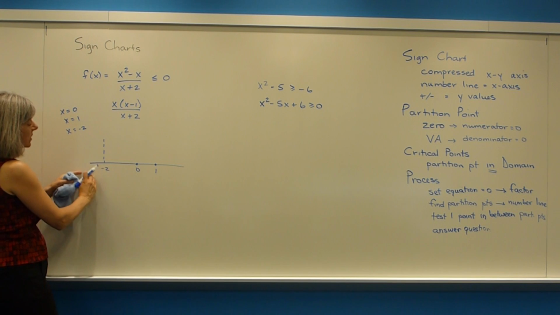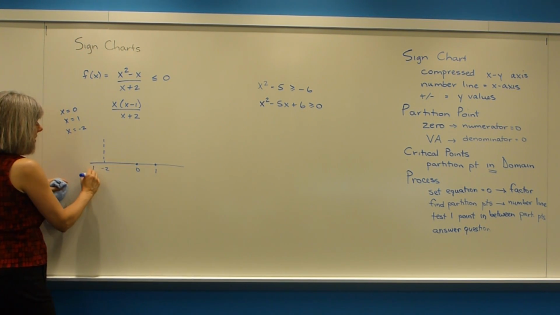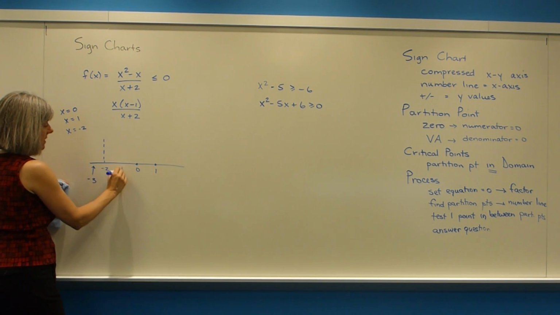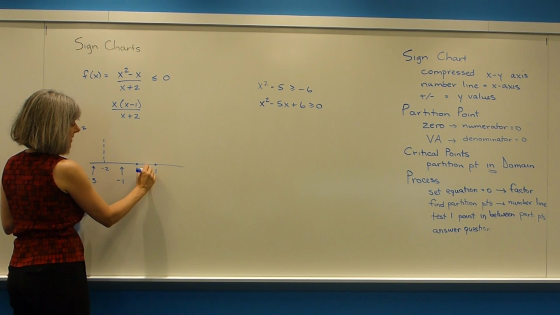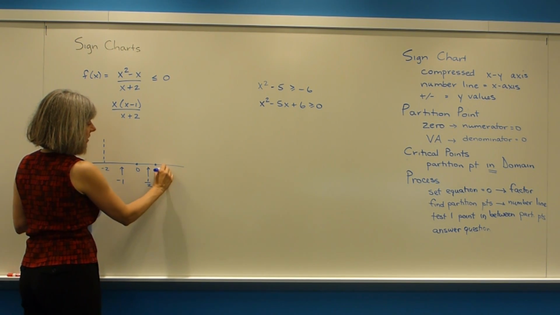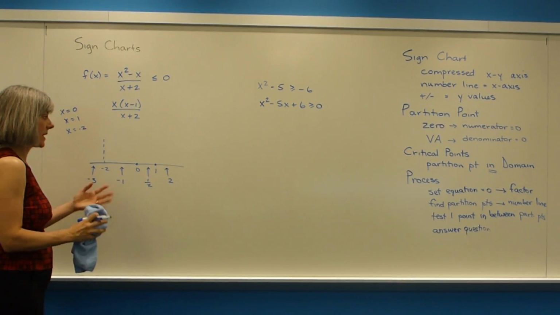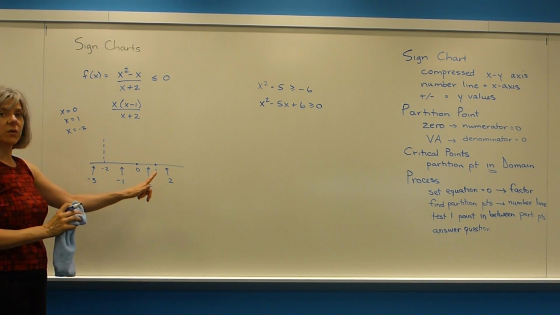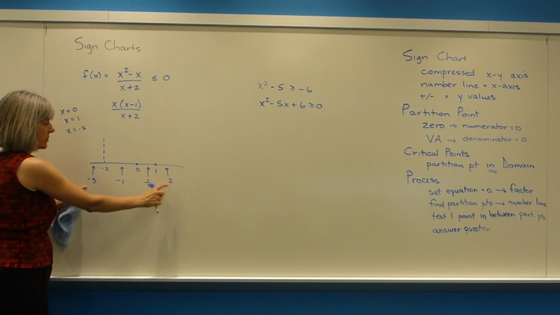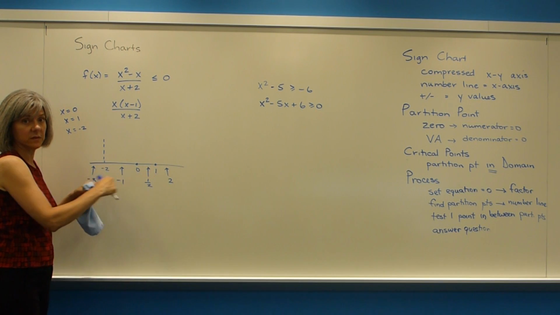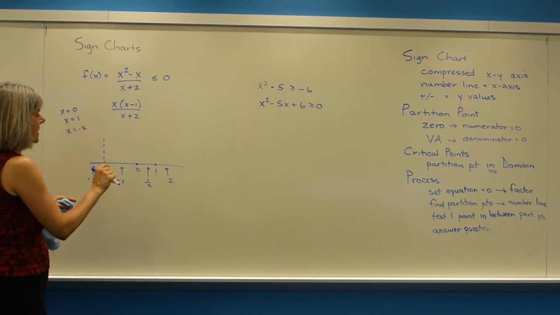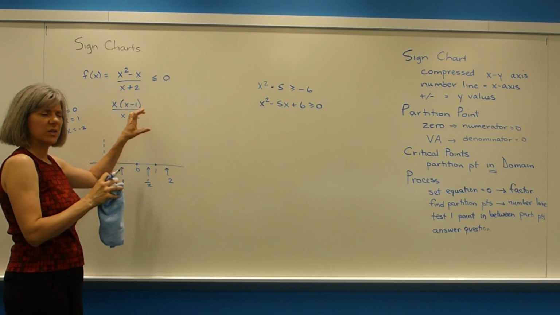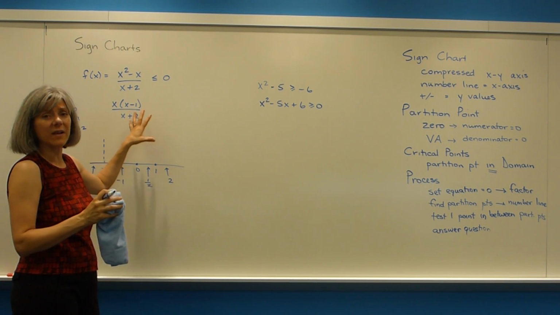Okay, so now we need to pick points in between to test. I always pick the smallest thing I can find, or the easiest one I can find. So 0 and 1 are popular choices. We don't have that option here. I draw them in with arrows to distinguish between my test points and my partition points. Okay, and then the last thing I do, particularly when I have a rational expression, you can end up with 4 or 5 factors easily.